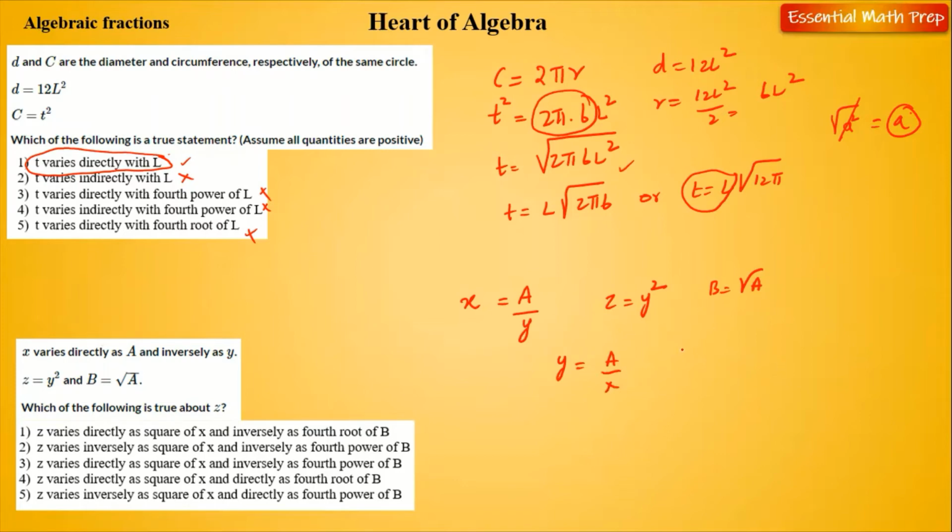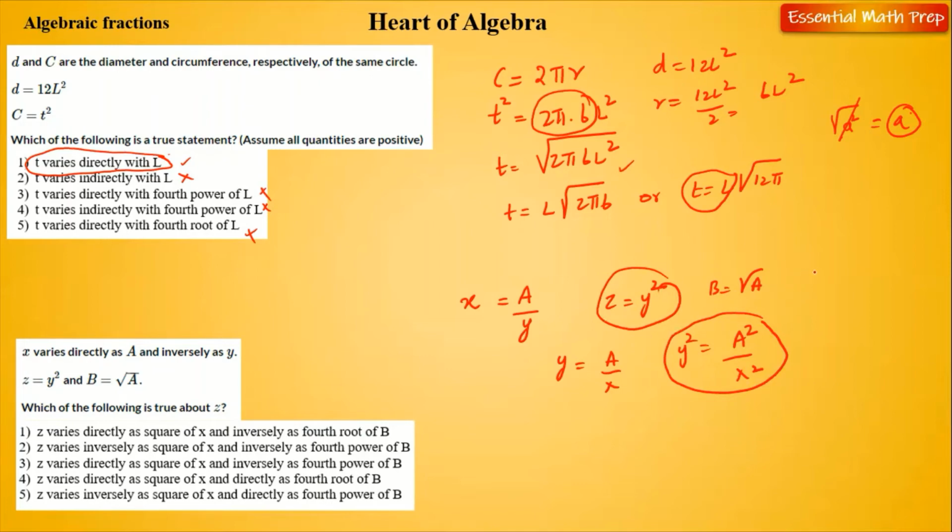So that means Y squared would be A squared over X squared, right? So now let's go ahead and substitute. We now have Z equals Y squared, and we have something in terms of Y squared as well. But we notice that our A and B are not related yet. So we have to make that adjustment.